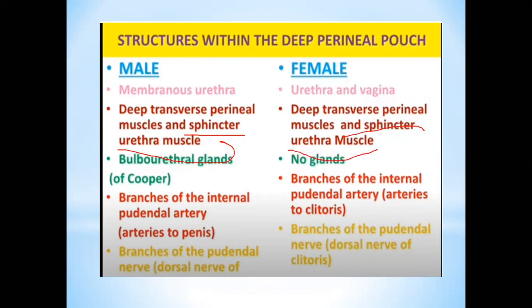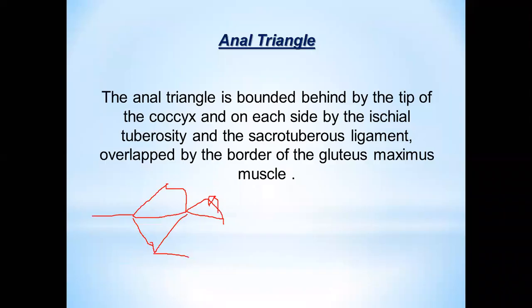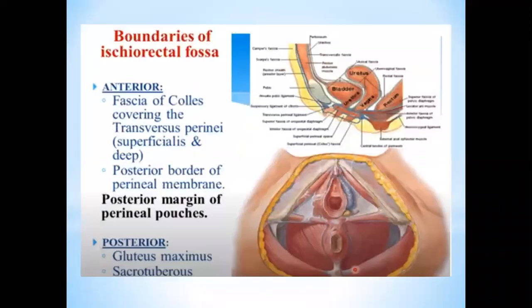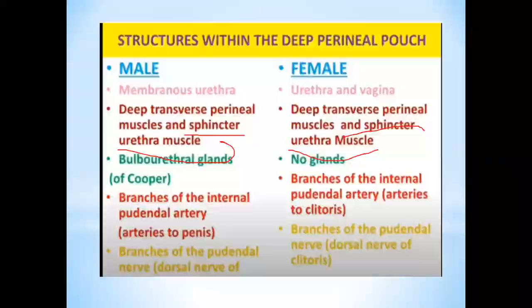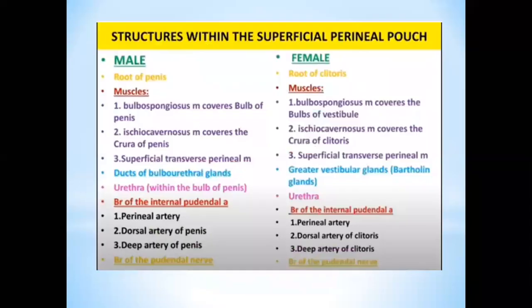I'm really sorry for this. The deep perineal pouch contains the sphincter urethra muscle, while the superficial perineal pouch contains all the muscles and a part of the urethra, but not the external urethral sphincter.